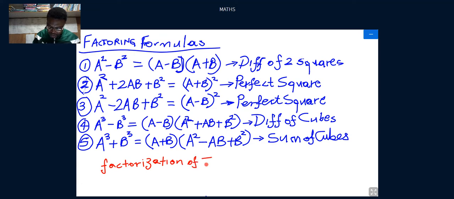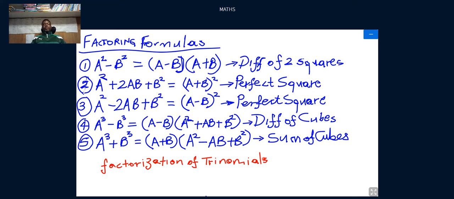Factorization of trinomials. There is high demand for the factorization of trinomials. You find a lot of them in algebra.